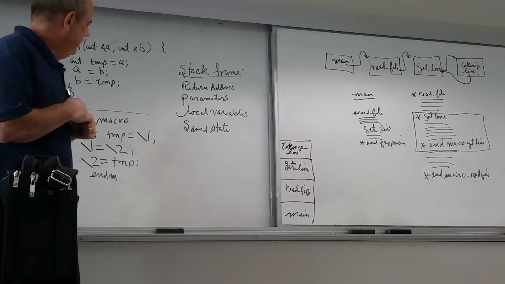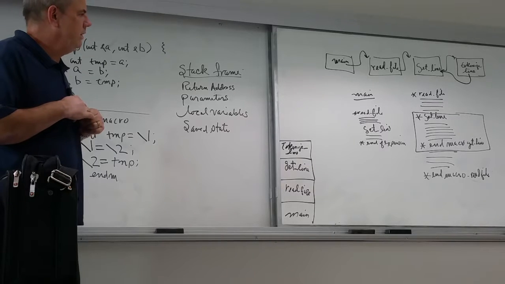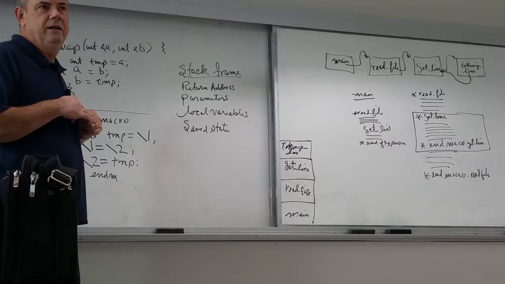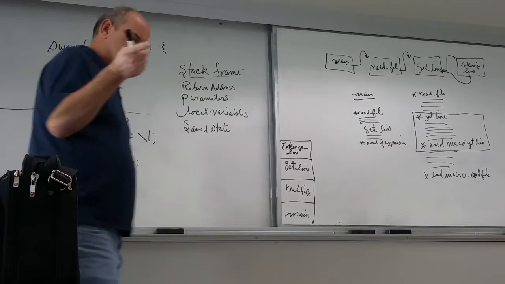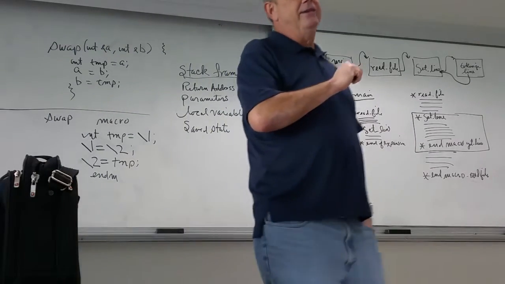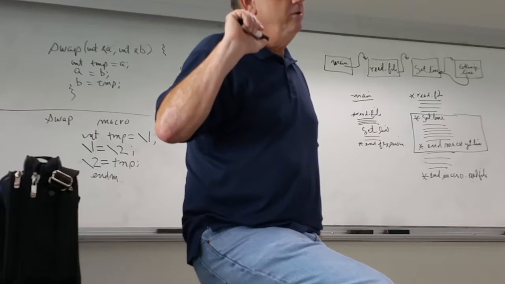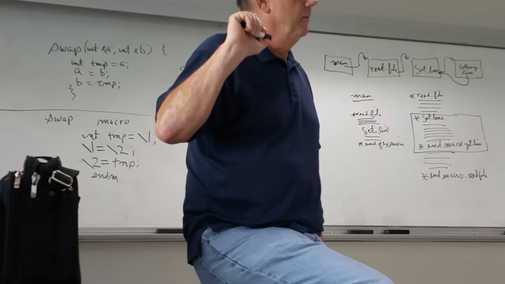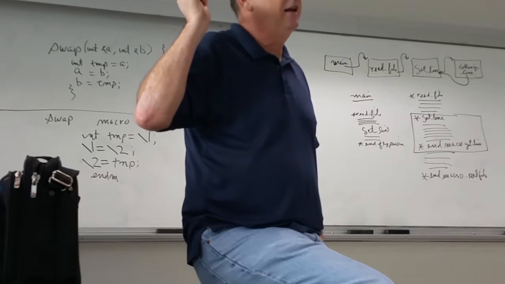So what are the implications then if you're not using the system stack? Well, for one thing, macros are faster. Before you jump, you have to do some work. You jump, you have more work to do. You have to manage the stack activation record.